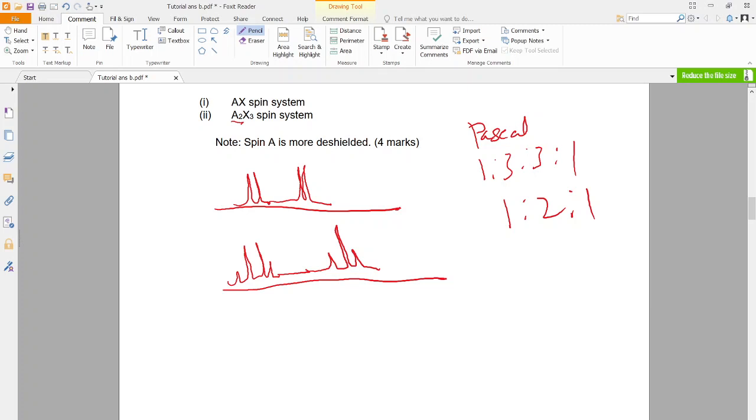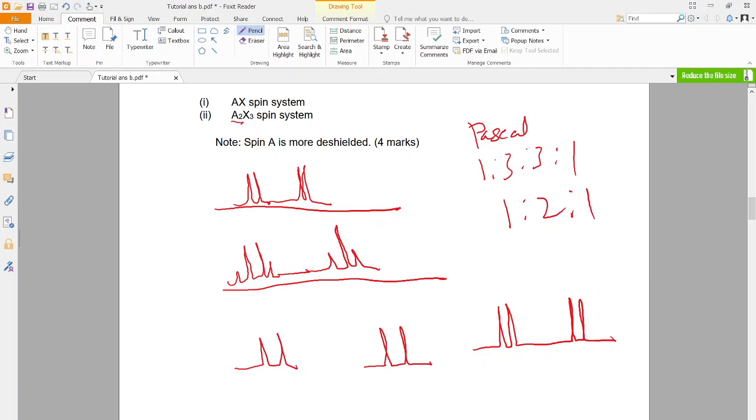That's how you should answer this. Please do not answer this individually by separating the AX system like this, because it should be in one spectrum. So it should be this and this.